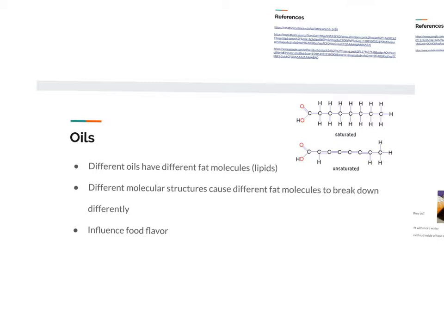That's why it's important to use oils with more complex fats, like unsaturated fat, which has stronger double bonds between the carbons, so it will not break down as easily in low temperature, will maintain its shape, and not influence the taste of the food.